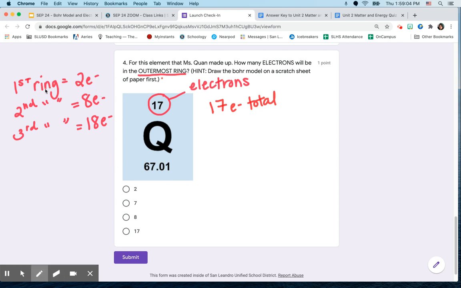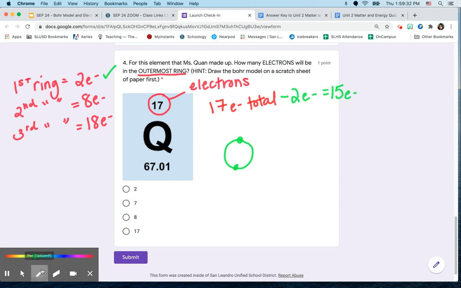Now remember, our first ring fits 2 electrons only. So in this first ring, I'm going to draw 1, 2 electrons. So I need to draw 17 total. I just drew 2 electrons, meaning I need to draw 15 more, because 17 minus 2 is 15 electrons.